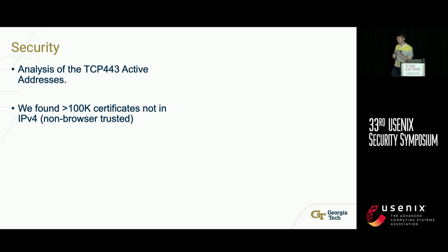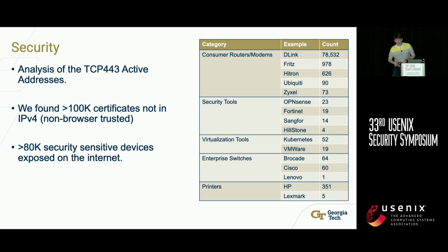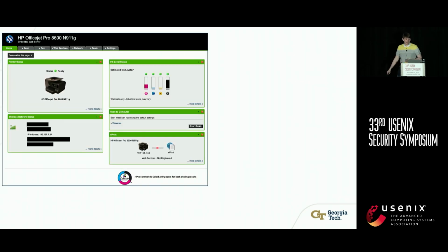But we wanted to go just a little bit further, and we wanted to understand what's the security implication of this. And so we classified what those device types actually were, and we found over 80,000 security-sensitive devices exposed on the internet. These included things like this HP OfficeJet Pro 8600, which, well, a printer in and of itself is not necessarily something to write home about when it's exposed on the internet.